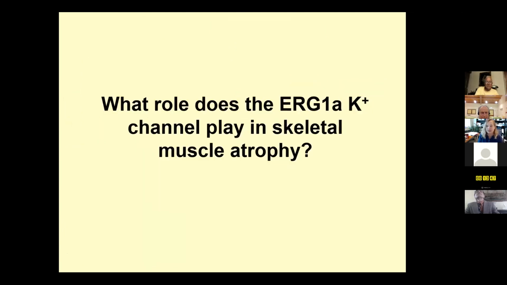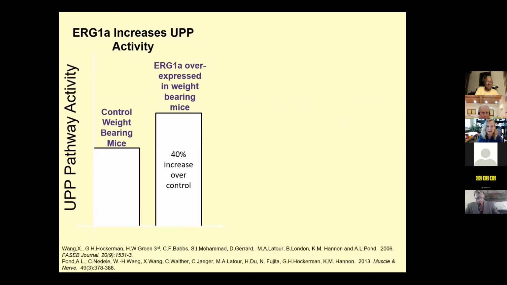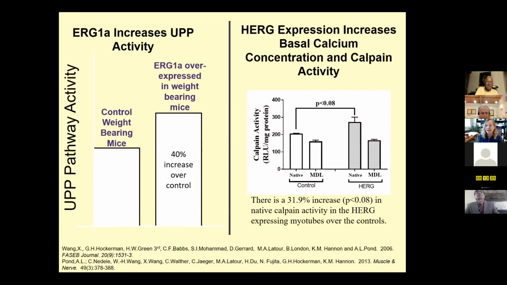What does it do? What role does it play? What we have reported is that it increases proteolysis. We've shown that it increases the ubiquitin proteasome pathway activity, and it also increases intracellular calcium levels in C2C12 cells. As a consequence of that, we have shown that it also increases calpain activity.